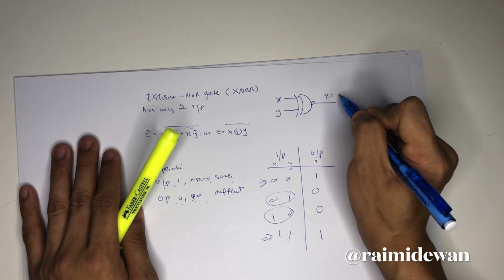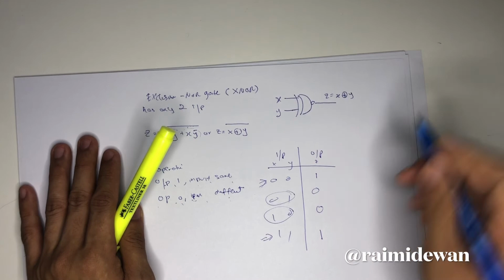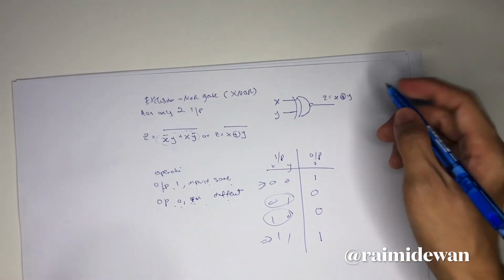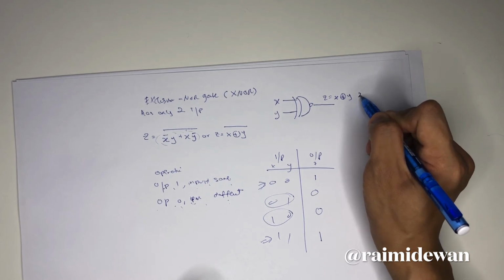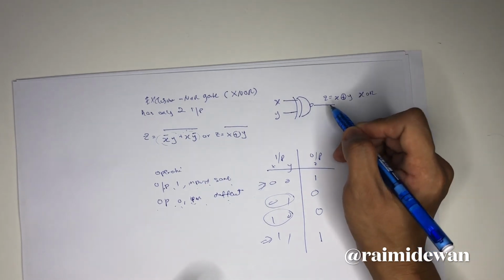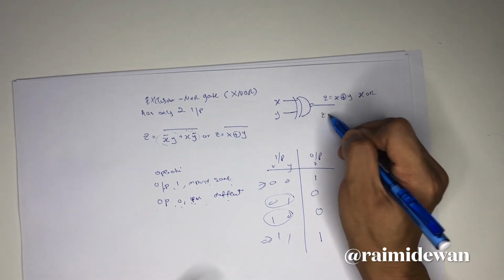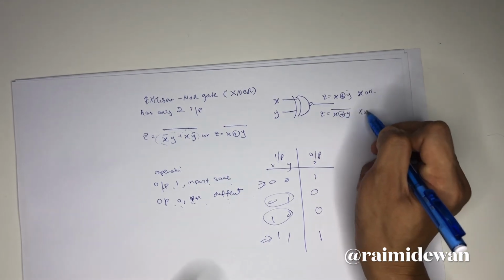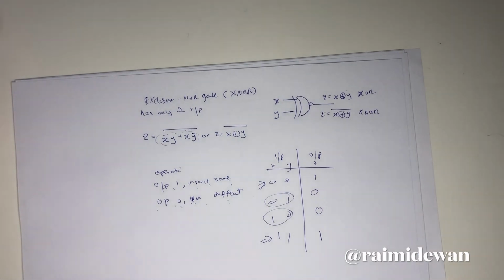So Z equals X exclusive OR Y, but to have XNOR, Z is the inversion of this. So this is your XNOR. So far so good.